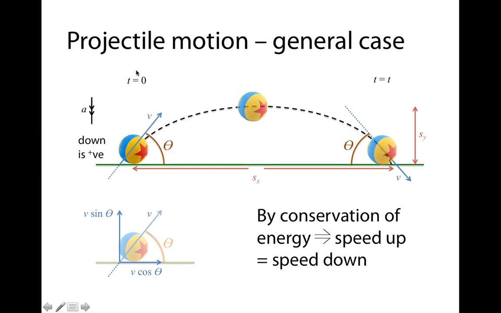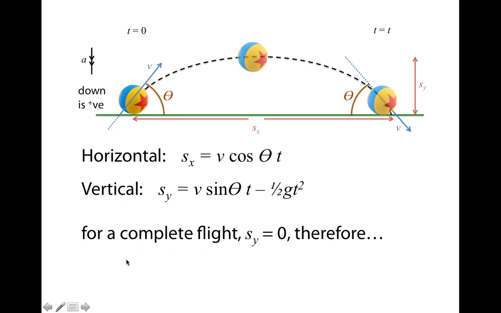So again, we can split this into vertical and horizontal components. Here's a reminder, the vertical is v sine theta and the horizontal is v cos theta. Horizontal is pretty much the same as before, the horizontal component, v cos theta, multiplied by the time. And vertical, well, this is s equals ut plus a half at squared. We can't ignore u, because now there is an initial velocity in both directions.